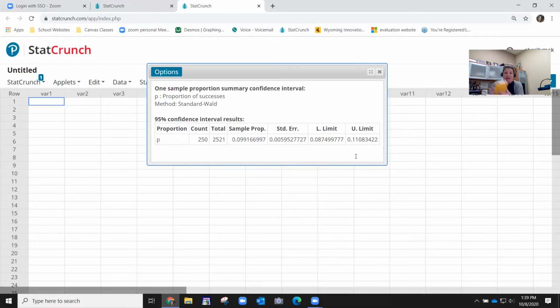I'm going to say 0.1108 minus 0.0874, that should be a 5, and then divide it by 2, and I get my margin of error, which we said is 0.012 when you round. Perfect. So you could get your error on Statcrunch as well. So you could get your confidence interval, you could get your error.